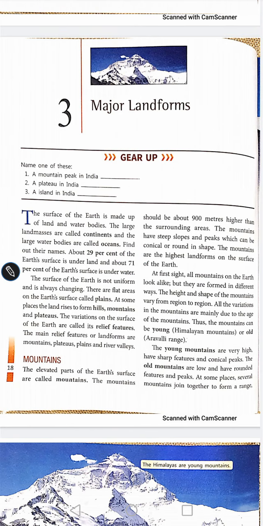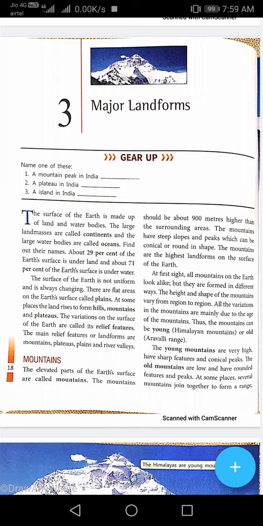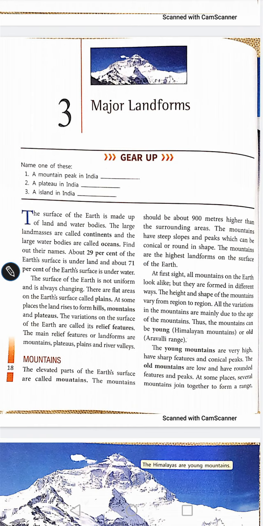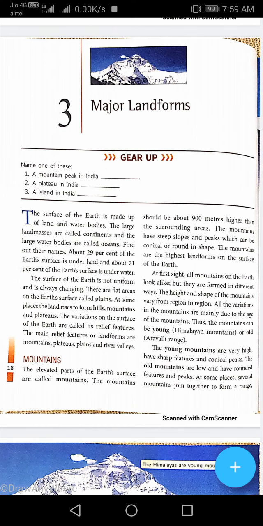Now here we have the earth's landforms. The flat part is called plains. Now look, this is the flat part, so this is known as plains.